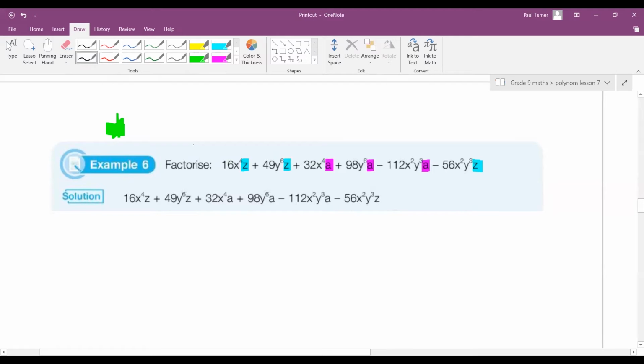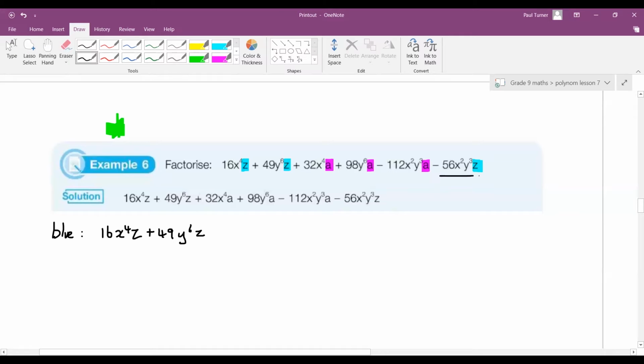I'll just put my answer key up to keep track of what I'm doing. Okay, so what I'll do, I'll group the blue ones first. So let's do the blue first. And we also look for other common factors in the numbers. And there's no common factors with the numbers here. So we'll write them down. 16x4z plus 49y6z.